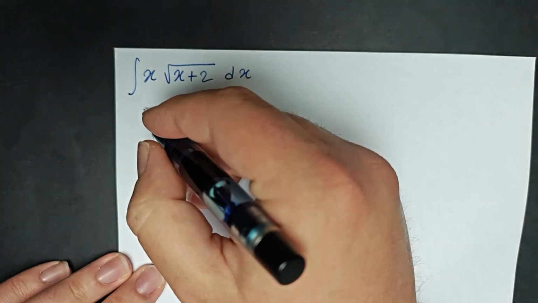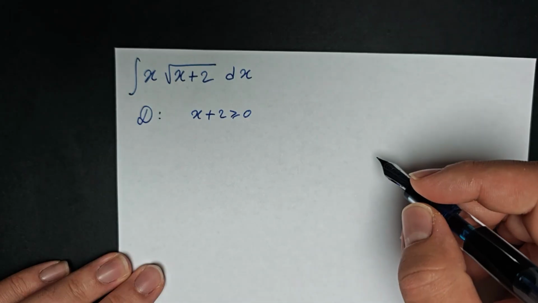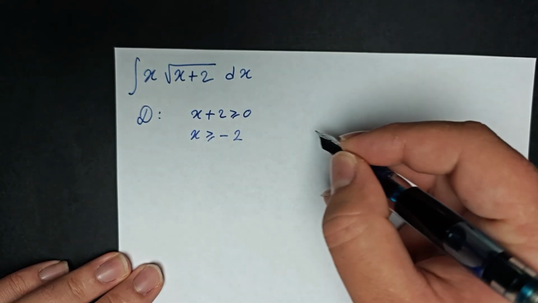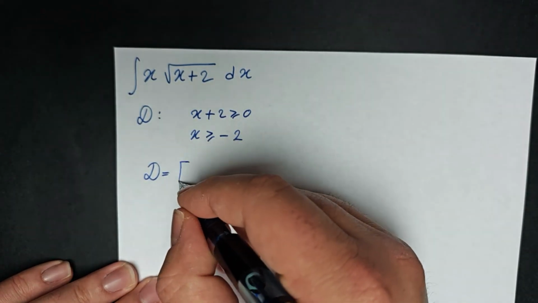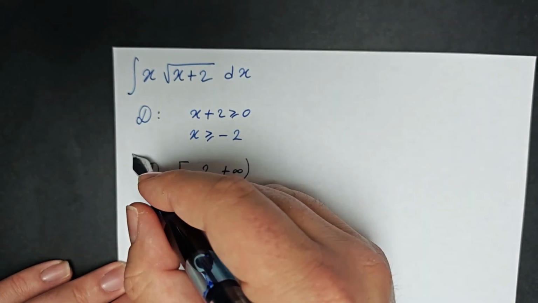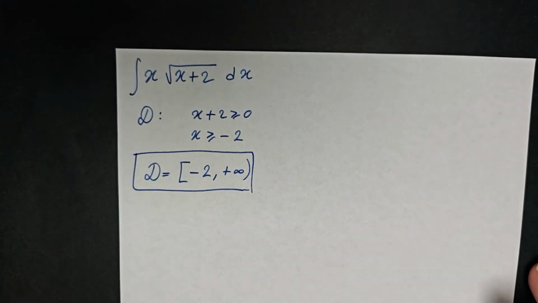That means that x plus 2 has to be larger or equal to 0. That means that x has to be larger or equal to negative 2, and that will give us the closed interval from negative 2 to positive infinity as the area in which this integral is defined.